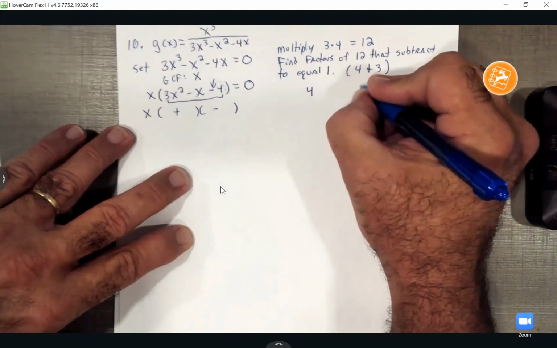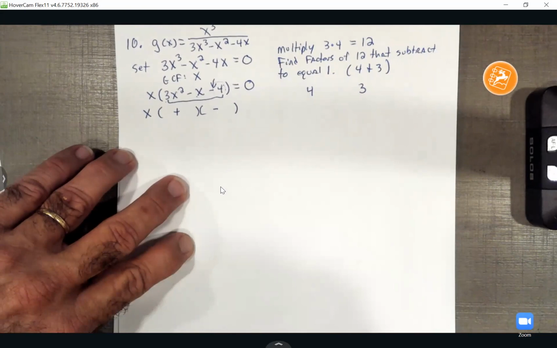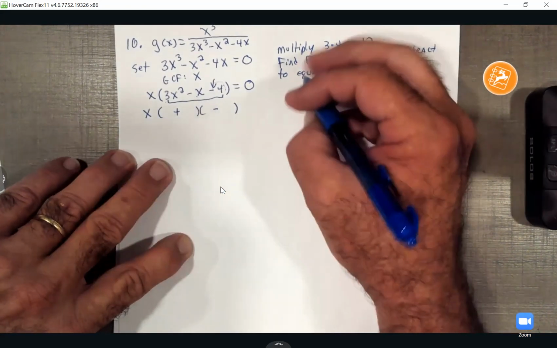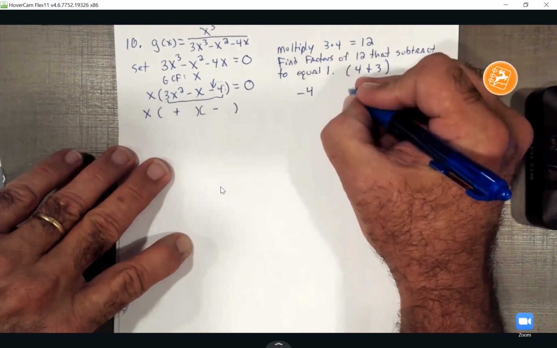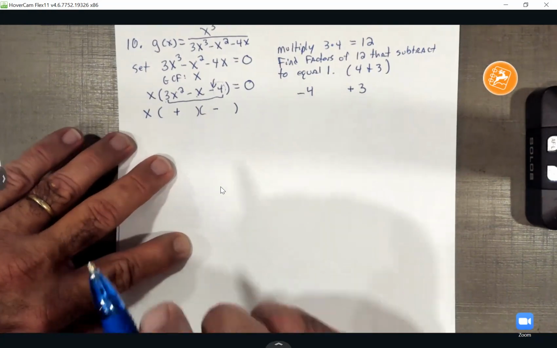So you take your 4 and your 3. Now, remember I said the larger factor will have the same sign as the middle. So my larger factor is the 4, negative, and the 3 is positive. But here's the trick.